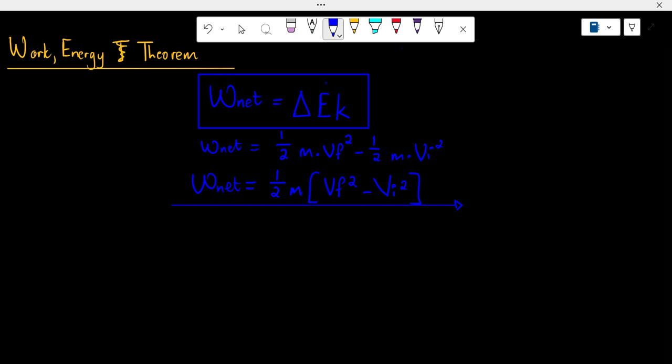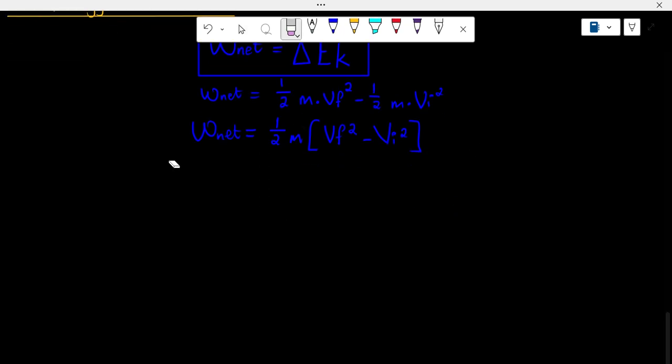Just to also simplify the work net part, remember that the work net is also equal to the net force times delta x times the cosine of theta. And that's going to then be equal to 1 over 2m open bracket v final squared minus v initial squared.